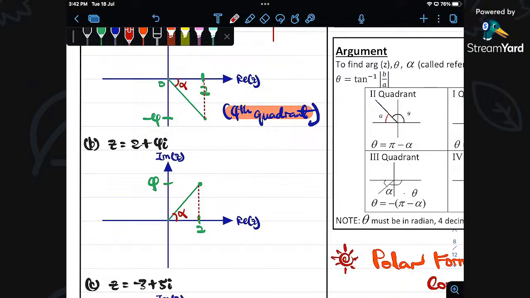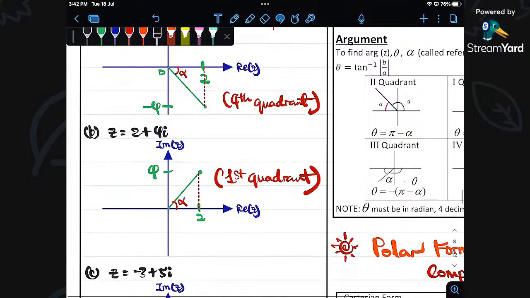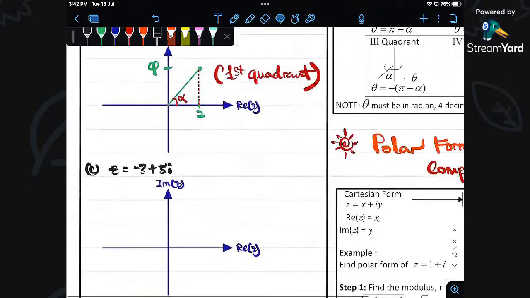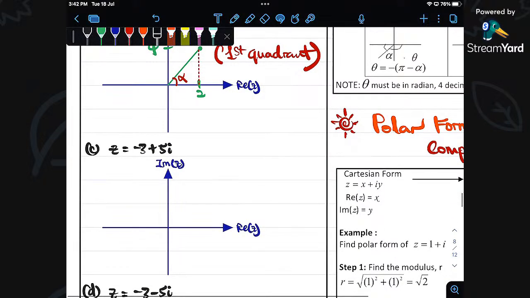But not yet. Lebih baik kita belajar macam mana nak melukis dulu. Lepas tu kita labelkan dia, this is the first quadrant. And this just now is the fourth quadrant, okay? So kita nak belajar macam mana nak melukis dulu. Lebih baik belajar pelan-pelan.